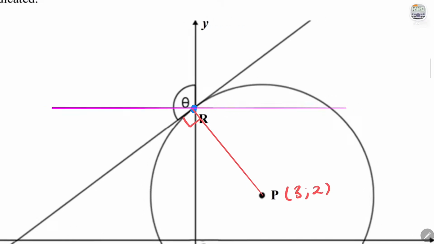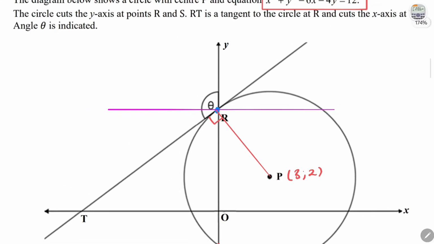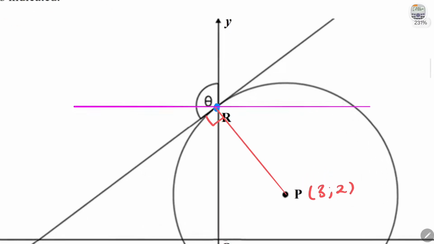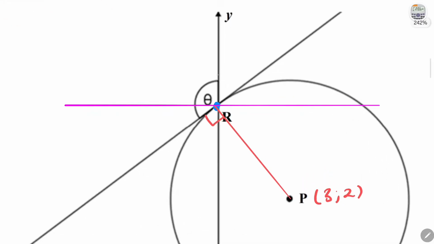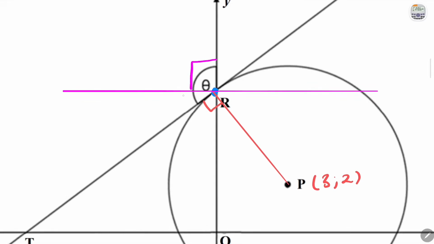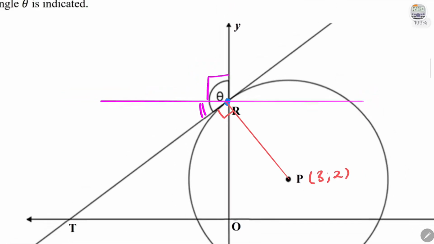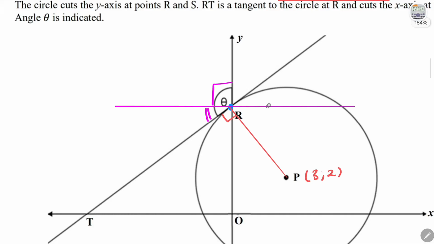You see, with this angle that we're looking for, it's created with a 90-degree angle and another angle. So if you go from the y-axis to this line parallel to the x-axis, that's 90 degrees. Then we'd have to figure out what exactly this other angle is. If you go from this line parallel to the x-axis to the line TR, that extension, you see that it's the angle of inclination of TR.